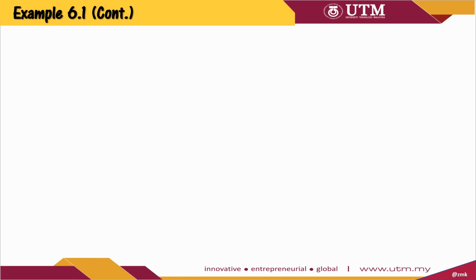To complete the solution for example 6.1, you need to state the hypothesis statements and the decision rule, as well as writing the decision and conclusion which answer the question.